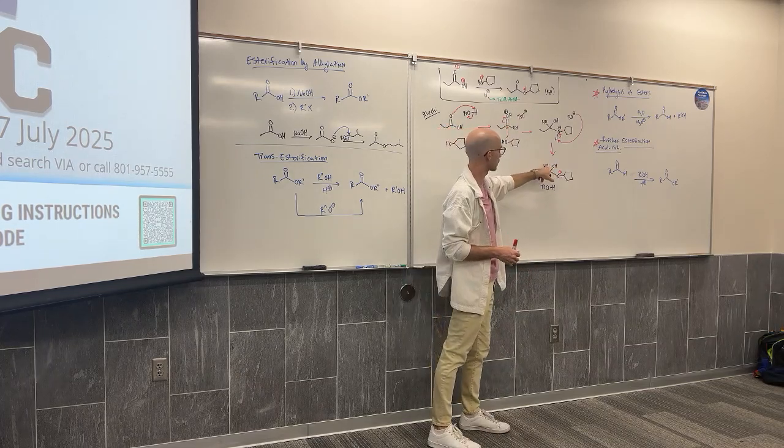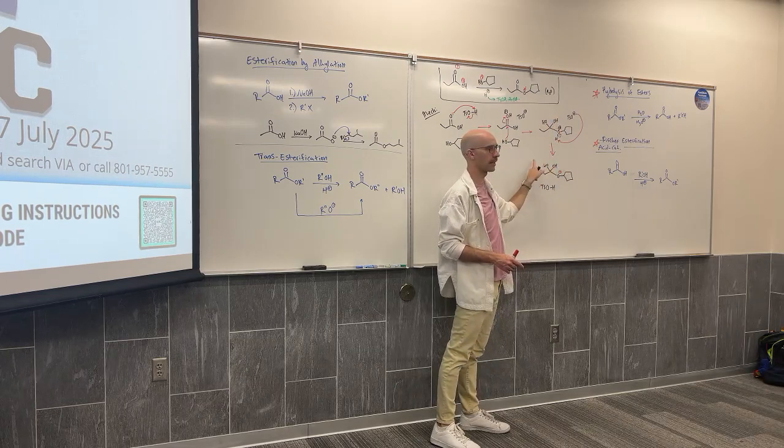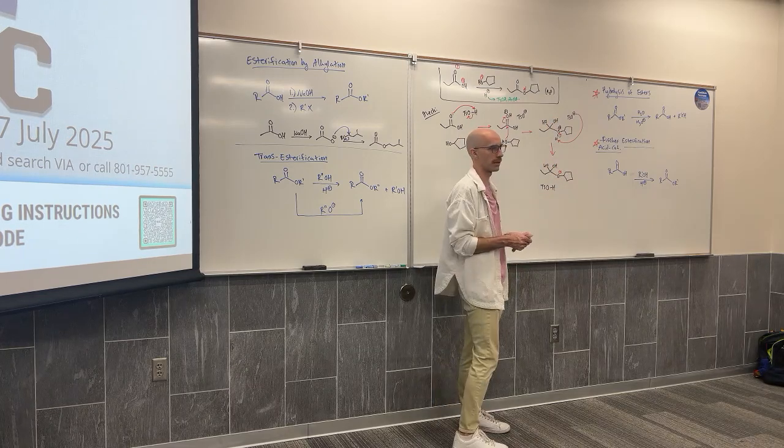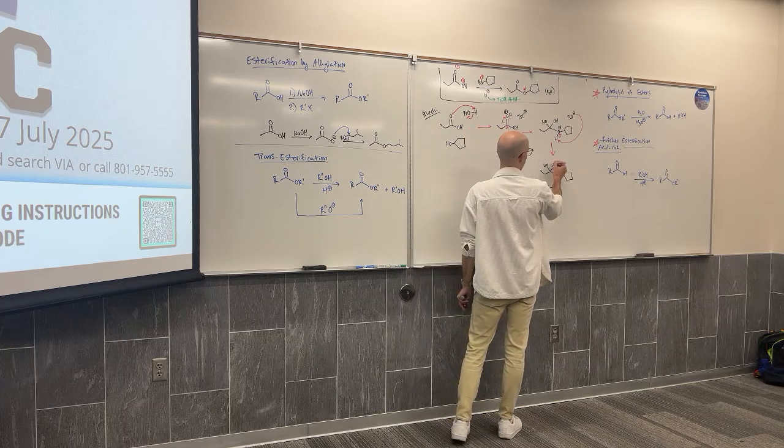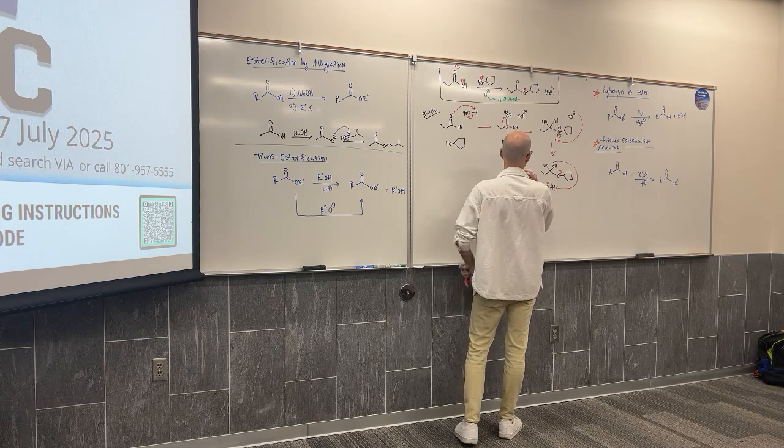Which oxygen here is going to get protonated? If I protonate oxygen 3, I just go back. I need to protonate either 1 or 2. Which one gets protonated? Either one. Good answer. Since they're the same, it doesn't matter.